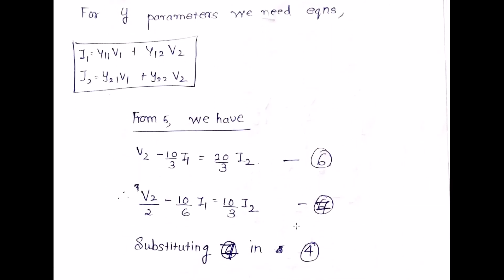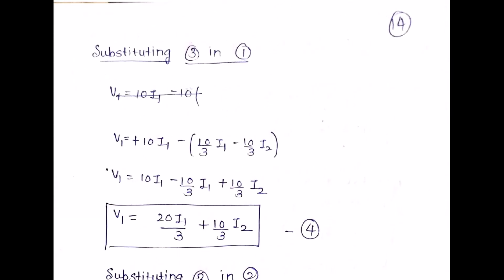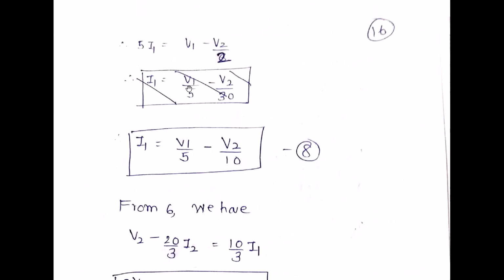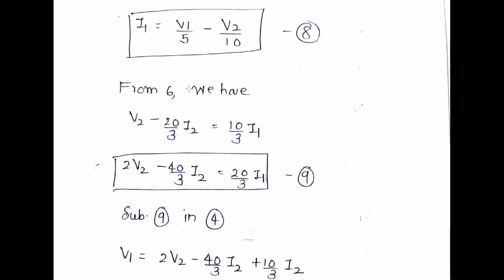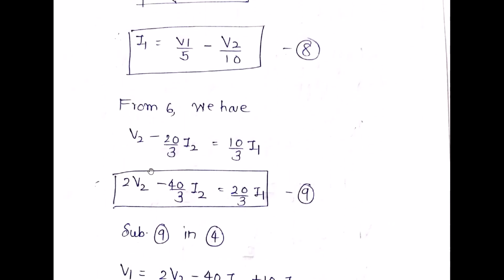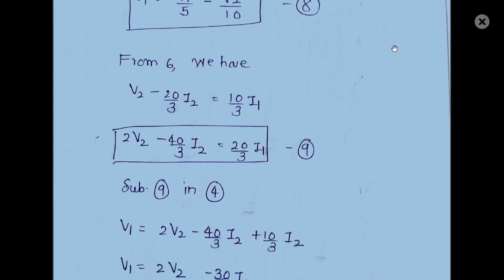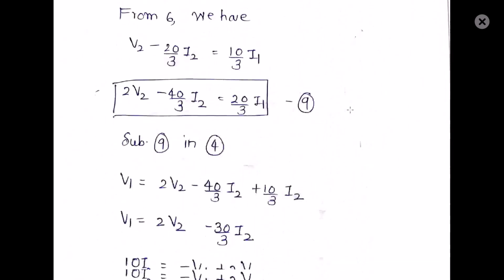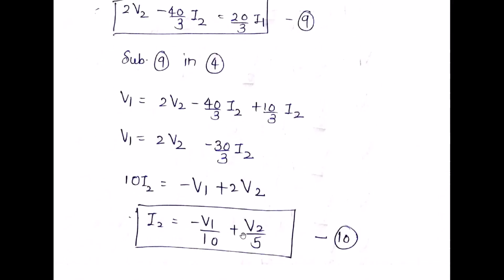Similarly for Y parameter, what you have to do is that these are the standard equations: I1 in terms of V1, V2, and I2 in terms of V1, V2. Again, from the given equations you have to do certain substitutions, as I mentioned over here, and try to get the equation in terms of I1, V1, V2, and I2 in terms of V1 and V2.